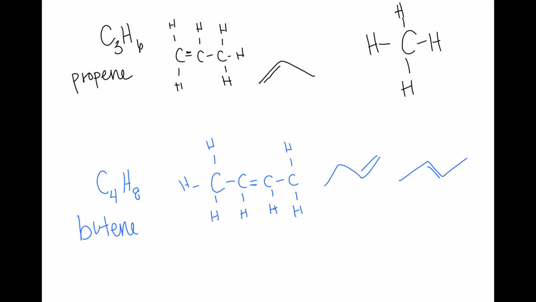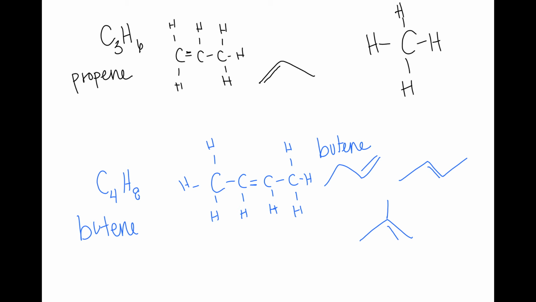So now this one over here is getting my extra hydrogen. 3, 4, 5, 6, 8. Yes. That's what it would look like. Or we could have one more like this.